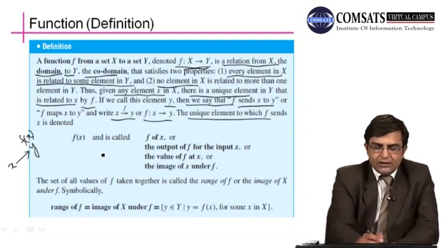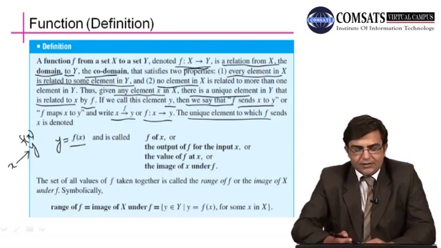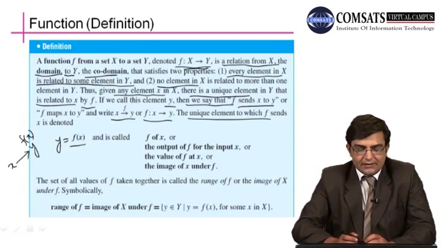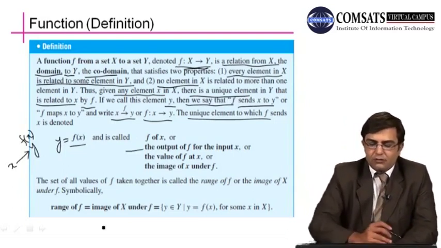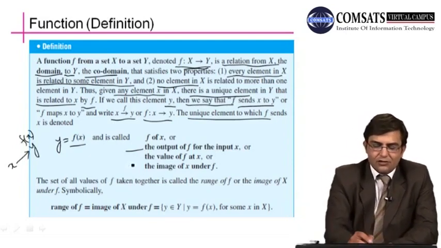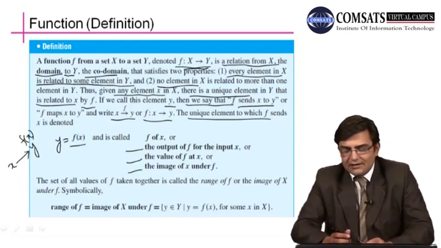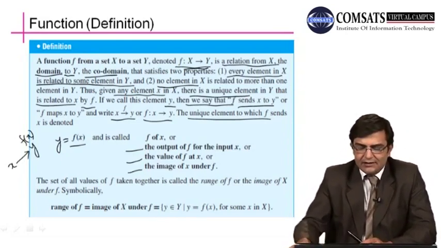So we can denote it by F of x, or y is equal to F of x. Usually you see functions like this, and it's called F of x, or the output of F for the input x, or the value of F at x, or the image of x under F.